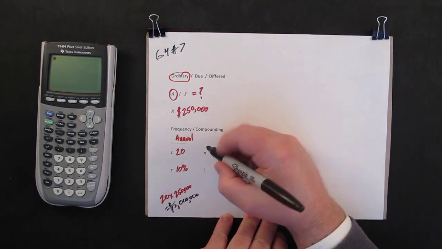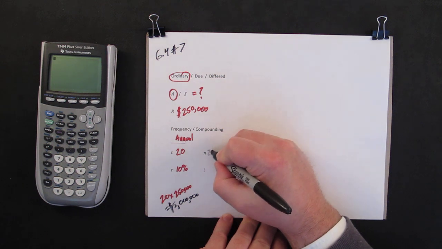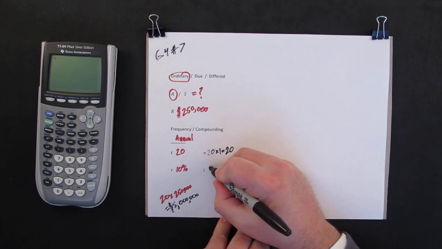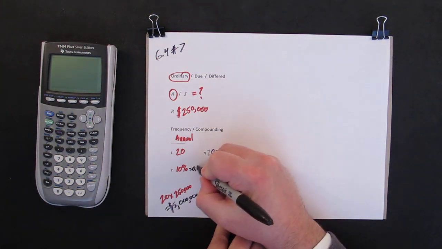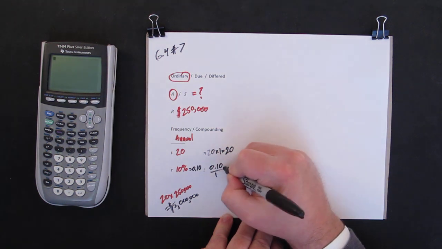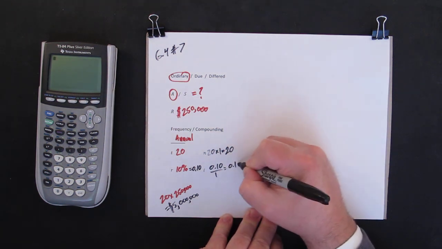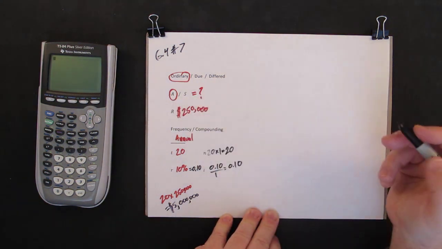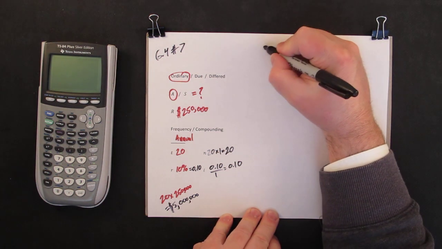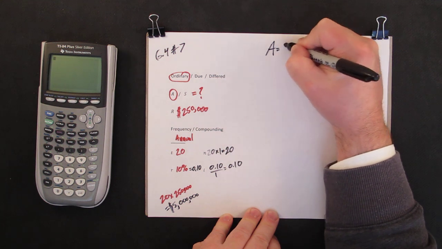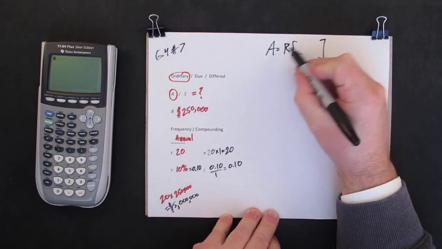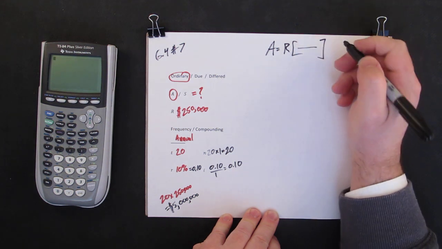So this is annual, so 20 times 1. So we have 20 periods. Our interest is, so we want to write this again as a decimal always. So 10%. Okay. And we're trying to find the present value. So this time the lump sum grows towards the payments.